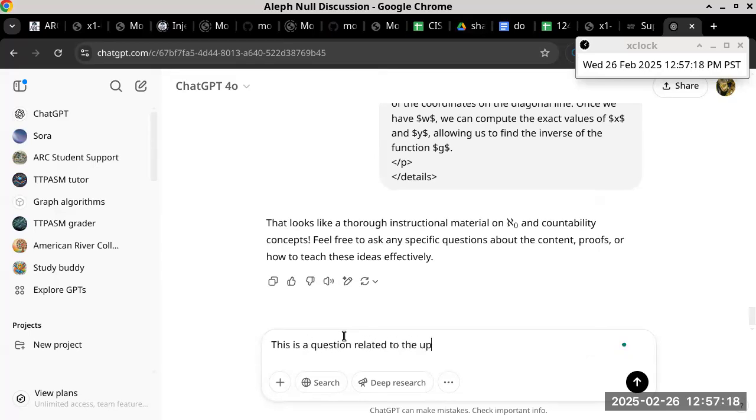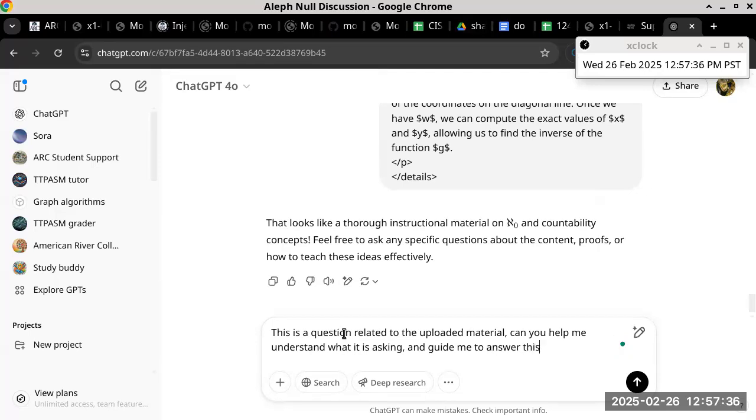All right, so now we get back to ChatGPT and go like, this is a question related to the uploaded material. Can you help me understand what it is asking and guide me to answer this question?